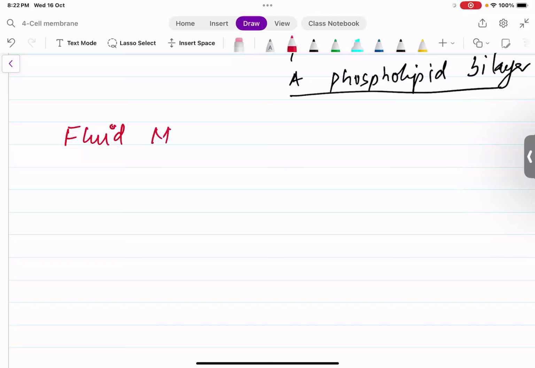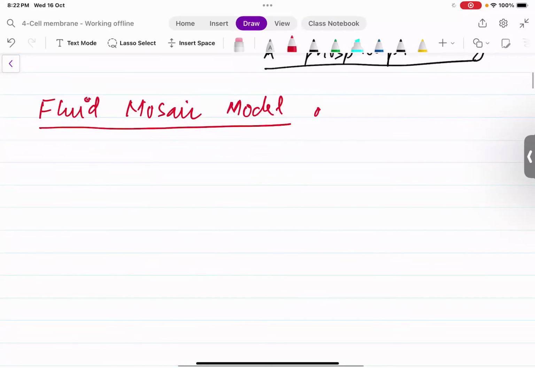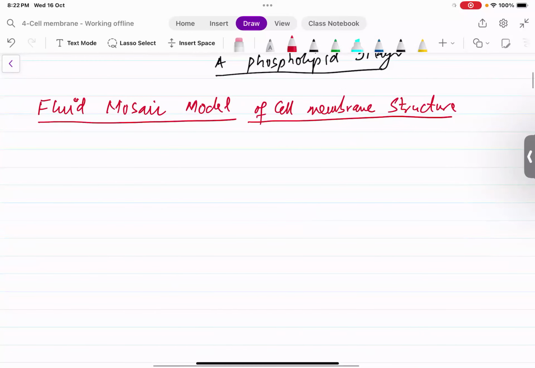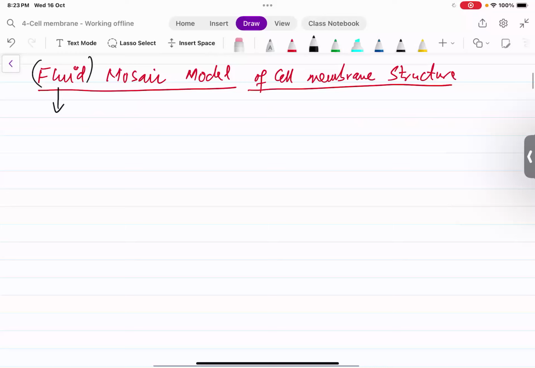Fluid mosaic model of cell membrane structure. According to the fluid mosaic model, fluid means something that has an ability to flow or that has the ability to move.